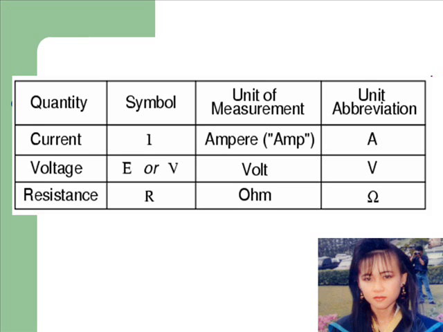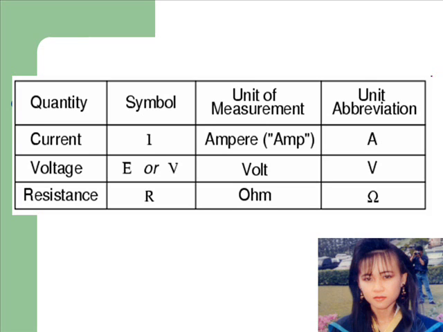The unit abbreviation for each quantity represents the alphabetical symbol used as a shorthand notation for its particular unit of measurement. And, yes, that strange-looking horseshoe symbol is the capital Greek letter omega. Just a character in a foreign alphabet. Apologies to any Greek readers here.